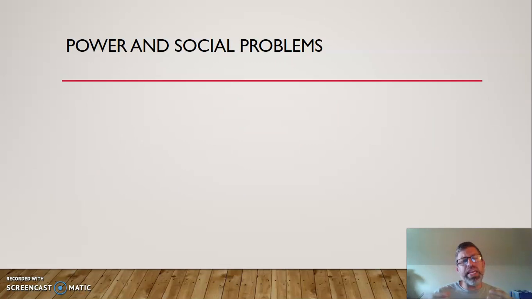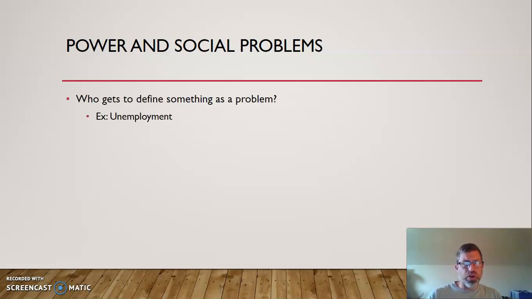So one of the things that this subjective component does that I want you to really be able to see and think about is that it infuses the notion of power into our understanding of social problems. That is, it raises the question of who gets to define something as a problem.